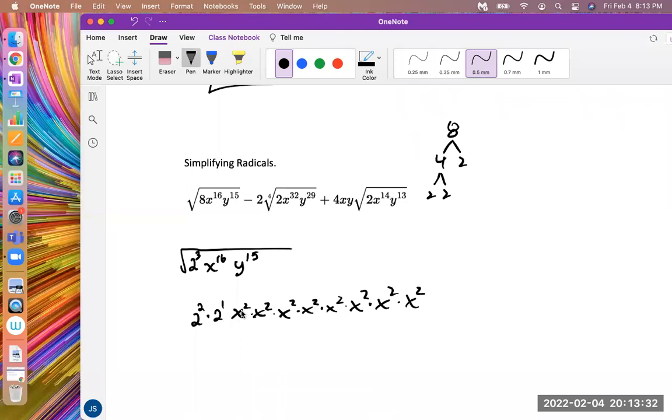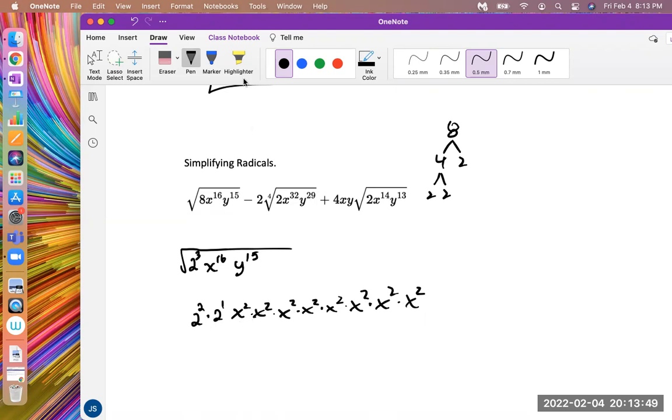Because what would happen is I would add all those exponents when I'm multiplying an exponential expression like that. With the same base, I add all the exponents. So 2 plus 2 plus 2 plus 2 plus 2 plus 2 plus 2 plus 2. If I add 2 8 times, I'm going to get 16, right?